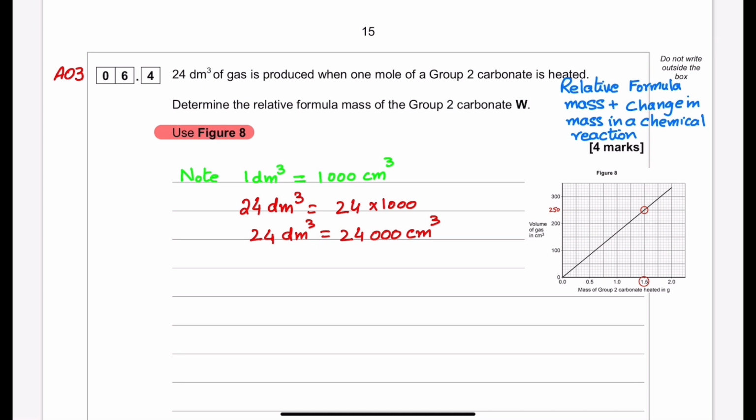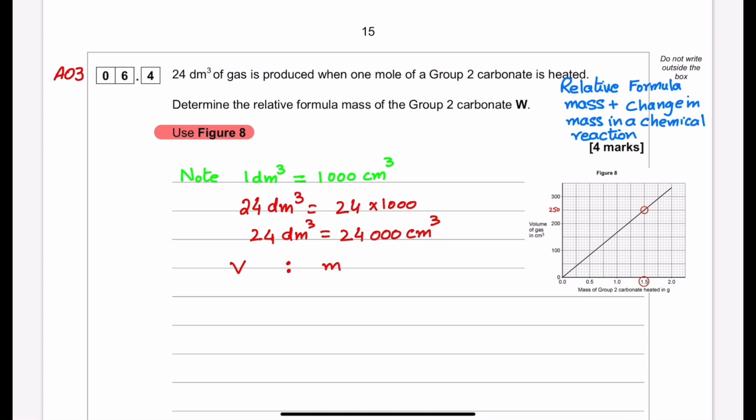The relation in figure number 8 is between the volume of the gas and the mass of metal carbonate. So we can use a relation here, with the volume in cm³ and the ratio to the mass of the metal carbonate. If I pick any point, I can use the point we already calculated, where 250 is the volume when 1.5 gram is used.